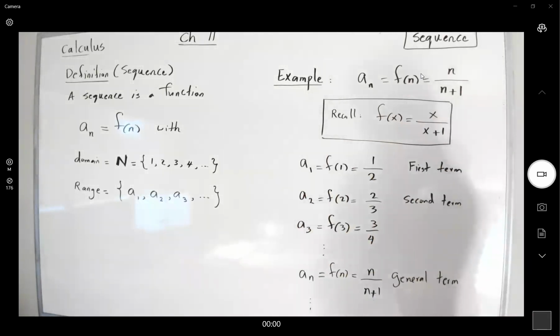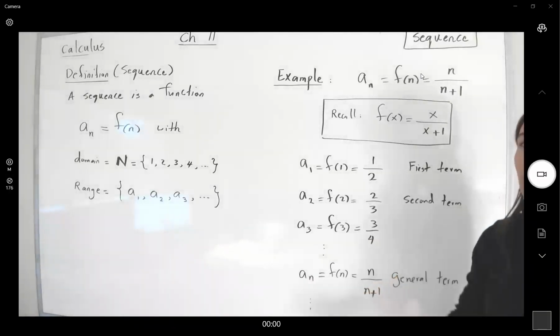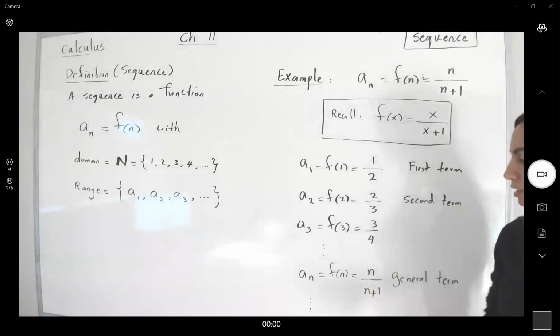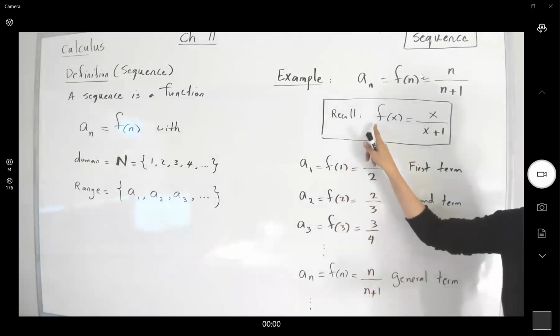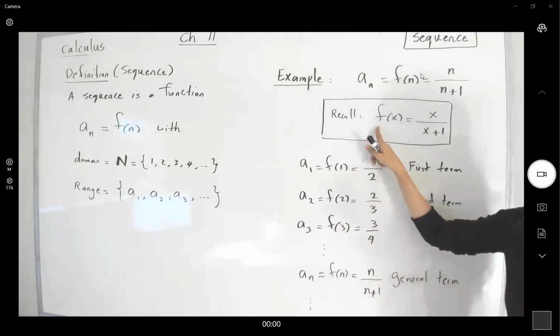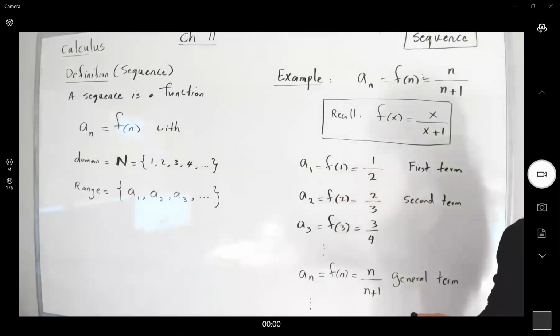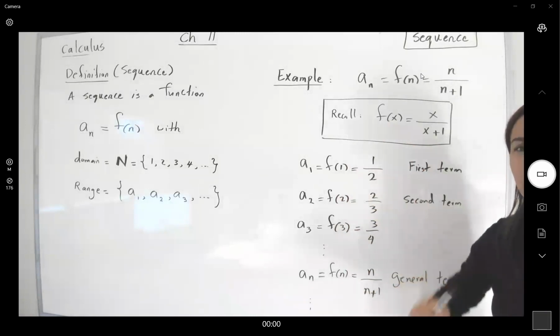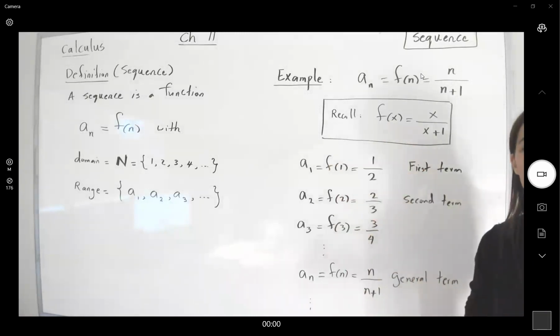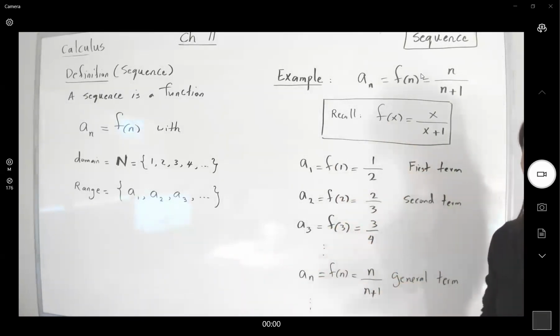Well, you should be asking why I'm mentioning f of x equals x over x plus 1. When n approaches infinity, the behavior of your sequence is similar to the behavior of this function that you learned in elementary calculus. It means that when you're dealing with the limit of a sequence, you can treat it the same as the limit of your function, the limit concept that you learned in elementary calculus.